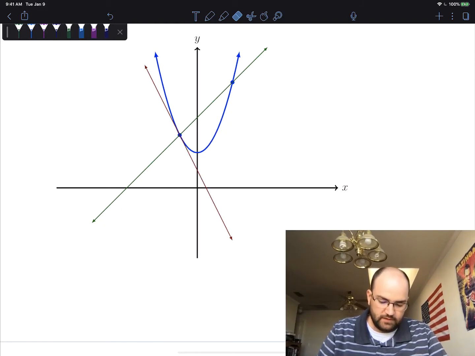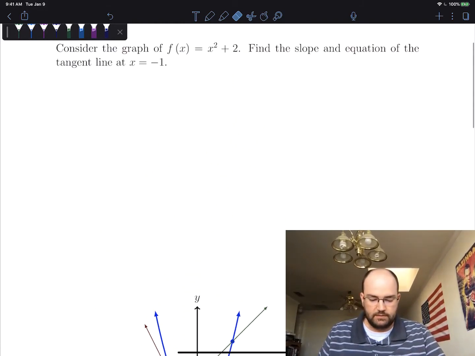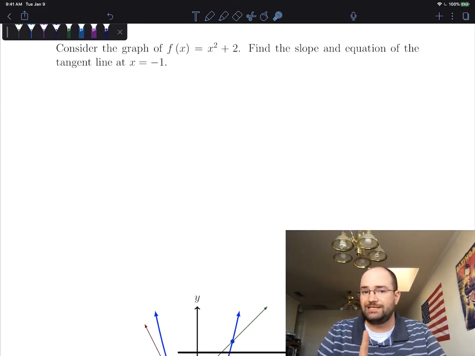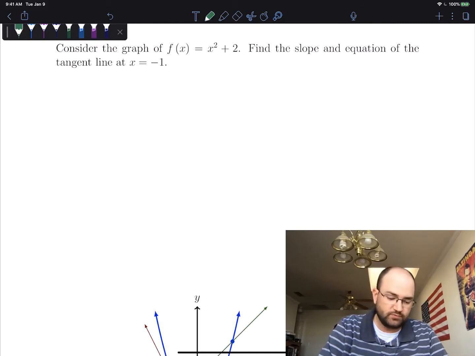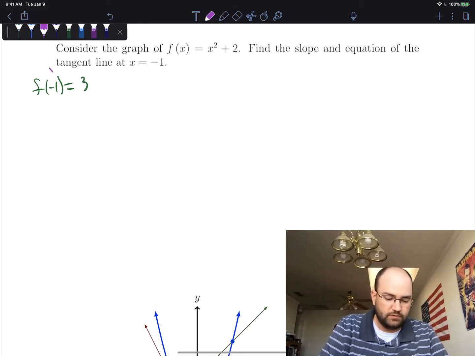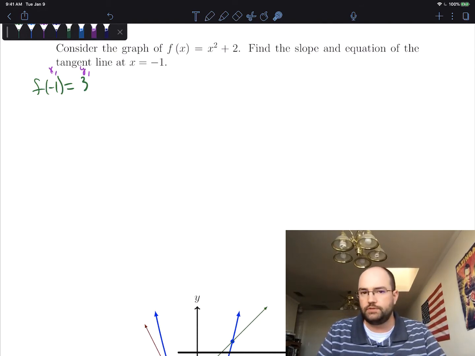Alrighty, now that we've done that, let's actually answer the questions. We want to find the slope and equation of the tangent line. Now, finding the slope itself is difficult because we already know from the previous video that f of -1 is 3. That's good. That means that we know the x1 and we know the y1. What we don't know is m.